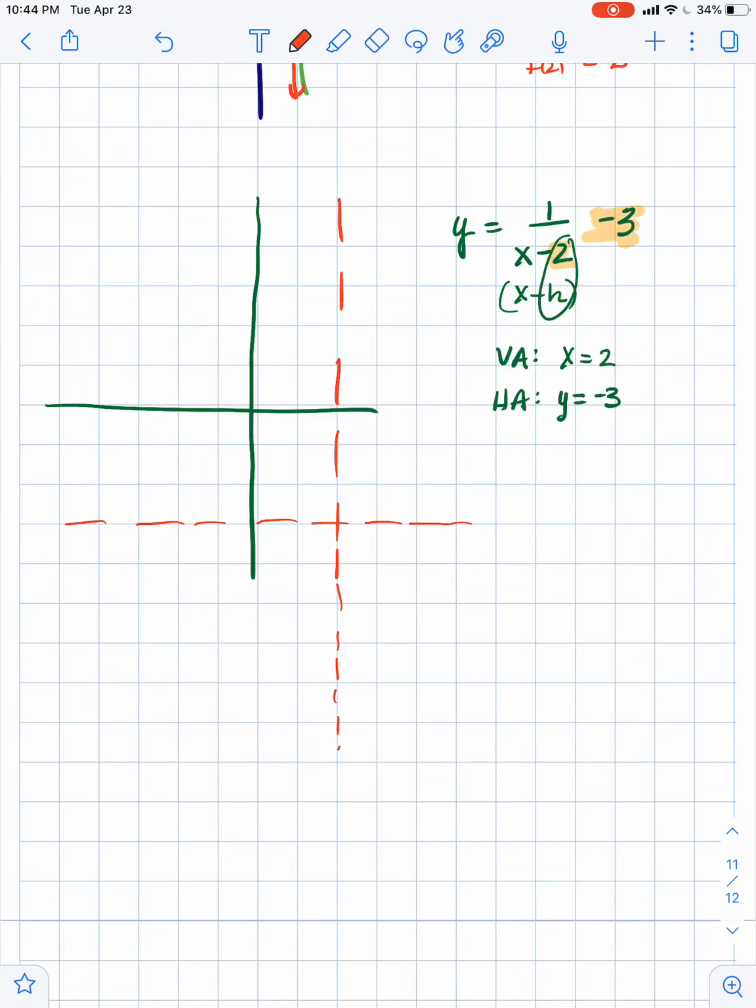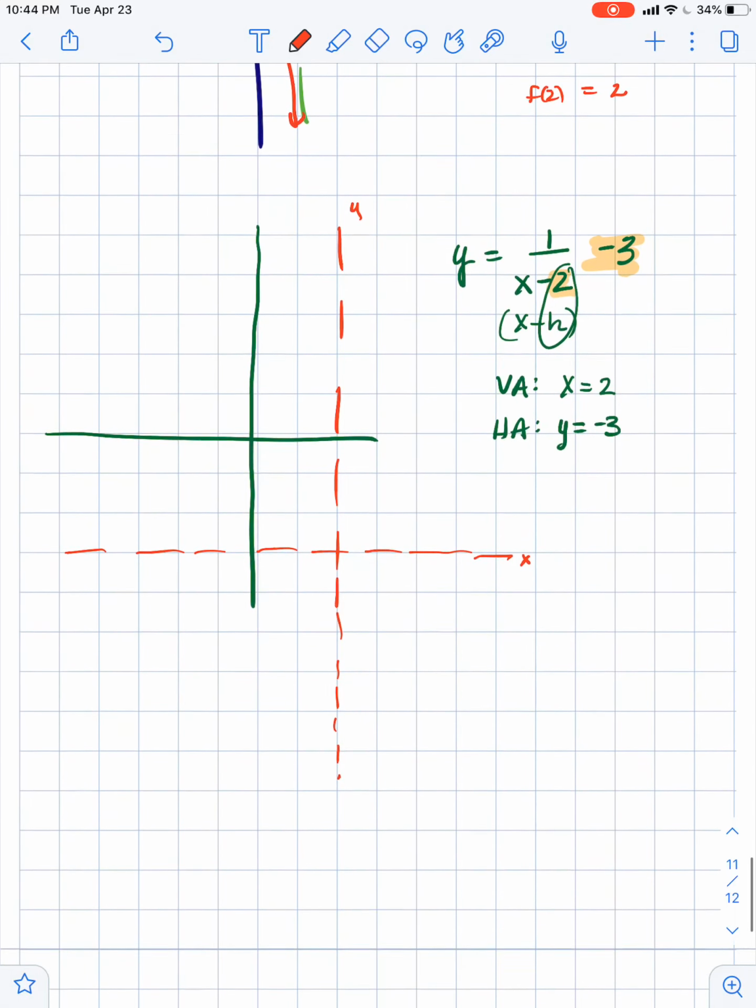Okay. So again, think of this as my new axis, my new x and y axis. It's not really, we didn't really shift the axis, but we shifted the whole graph. But it's easier to think, okay, I just moved it.